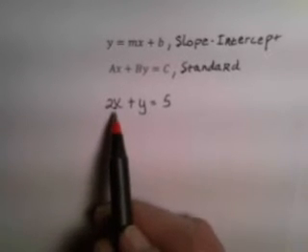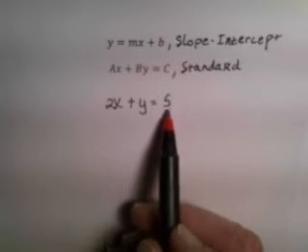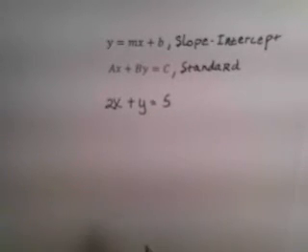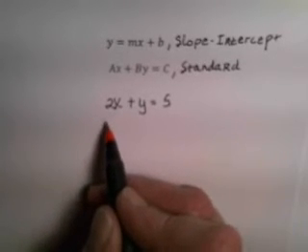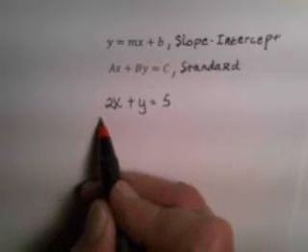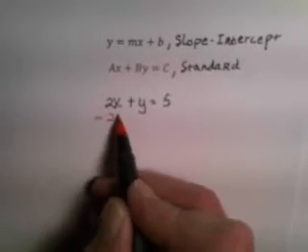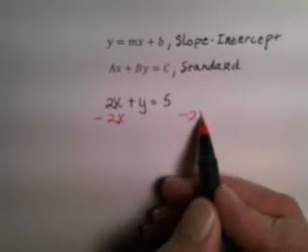So we've got 2x plus y is equal to 5. To get y by itself, what's keeping y from being by itself is this 2x. It's positive, which means it's added, so we will just subtract 2x to get rid of it over here and get it moved over here.